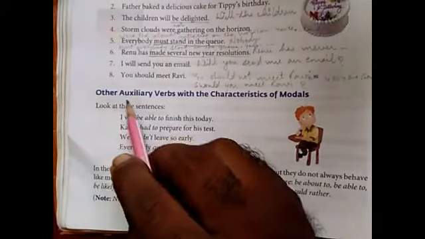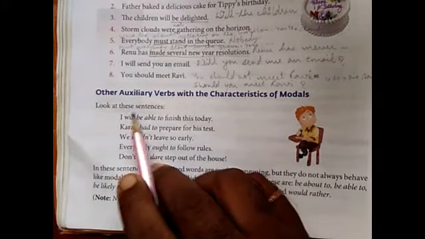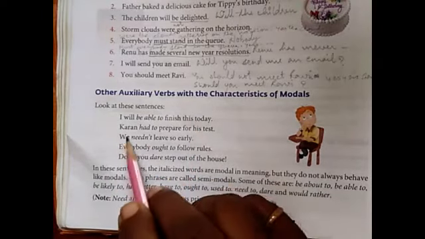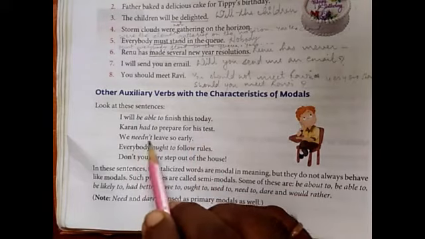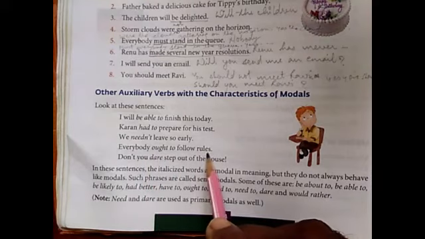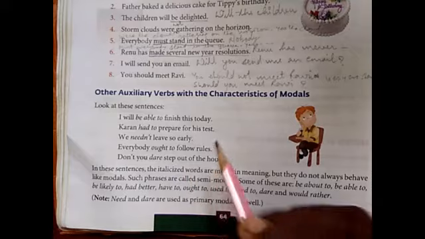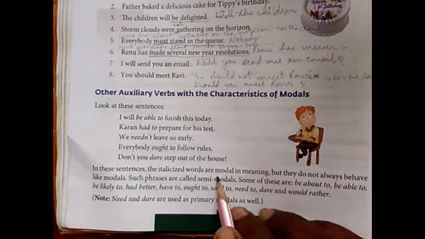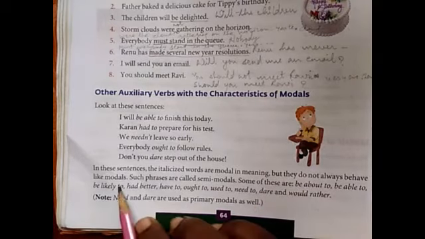Next is other auxiliary verbs with the characteristics of modals. Look at these sentences. I will be able to finish this today. Karan had to prepare for his test. We needn't leave so early. Everybody ought to follow rules. Don't you dare step out of the house. In these sentences, the italicized words are modal in meaning, but they do not always behave like modals.